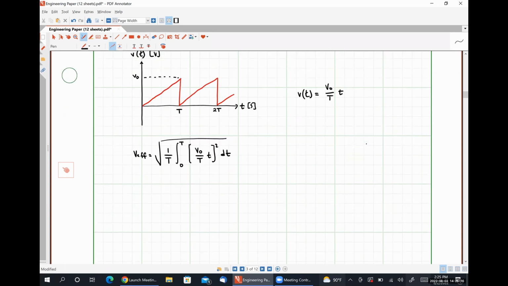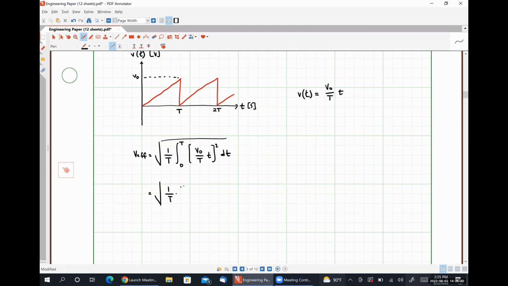And let's look at what we've got here. So the slope squared is going to look like V naught squared over capital T squared. And it's a constant, so I can pull it out.